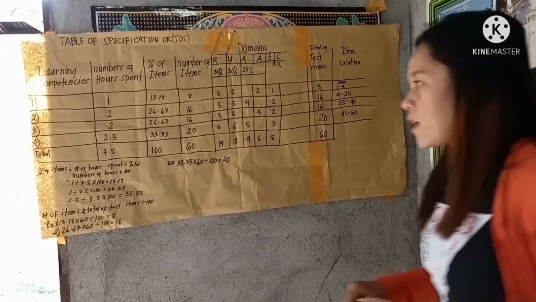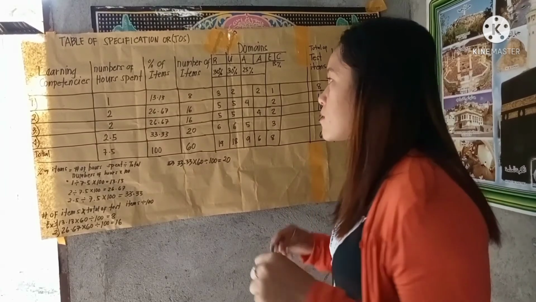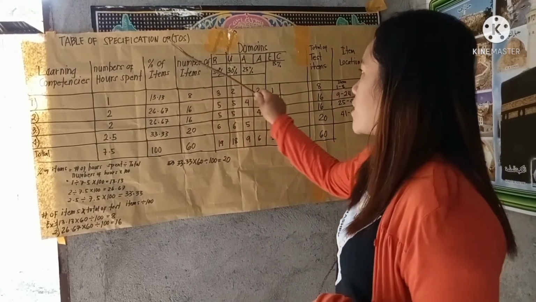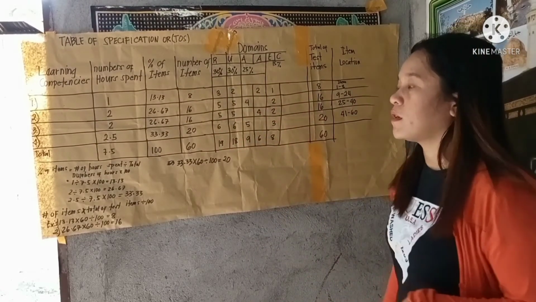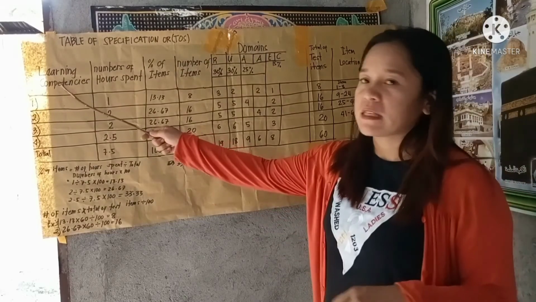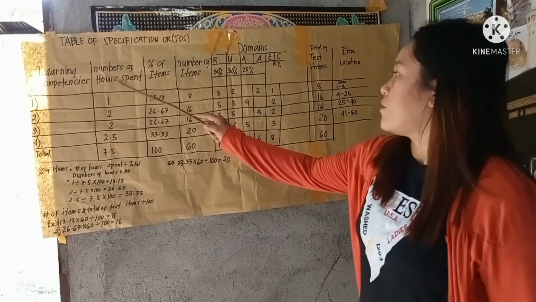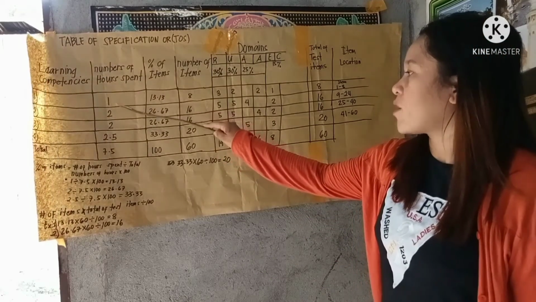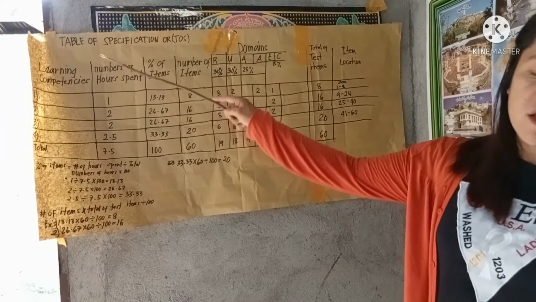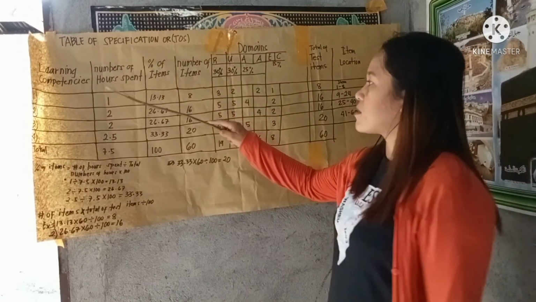So, step 3, I made an example of a table of specification. Learning competencies and number of hours spent, where I already put specific hours spent.